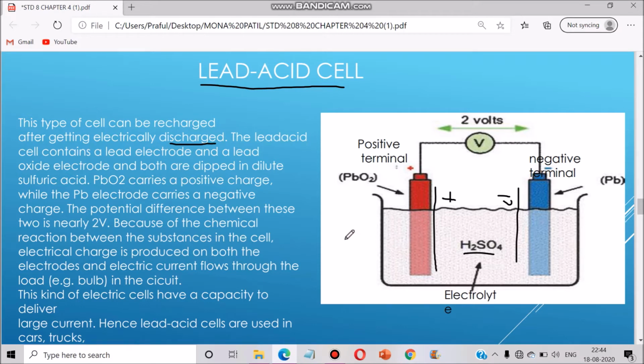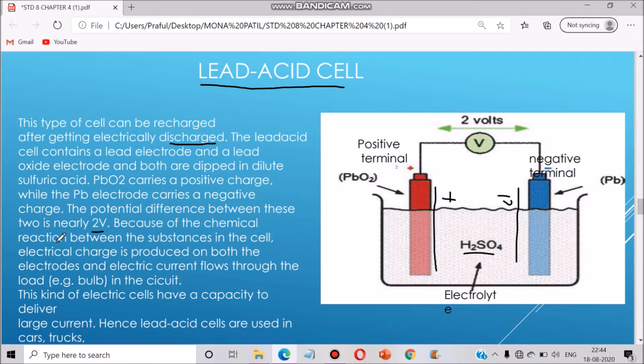Both electrodes are dipped in dilute sulfuric acid. Lead oxide carries a positive charge while the lead electrode carries a negative charge. The potential difference between these two is nearly 2 volt. It is mentioned in the diagram also.